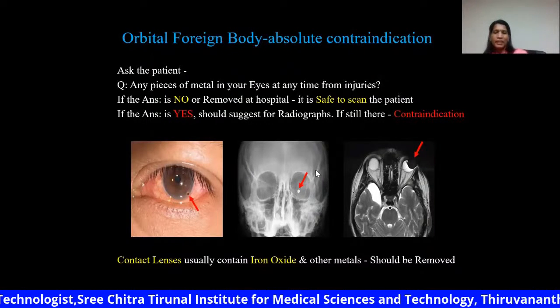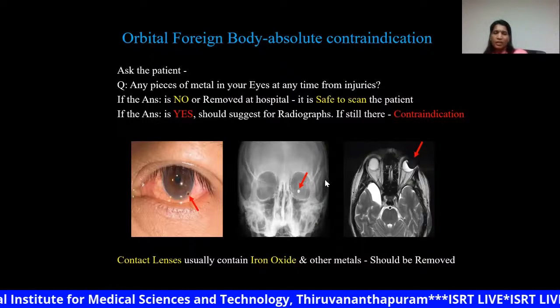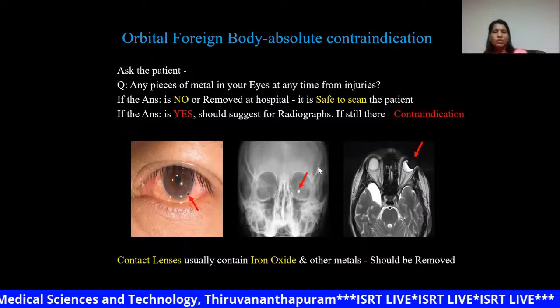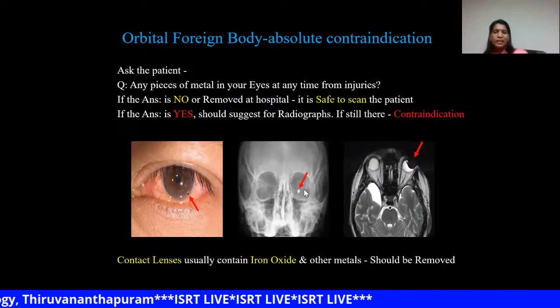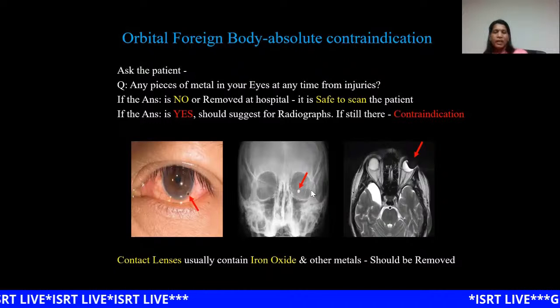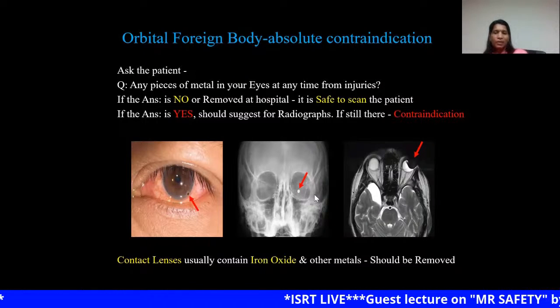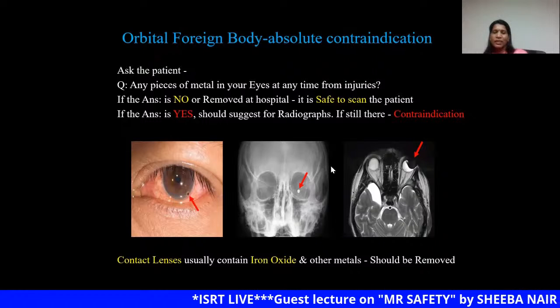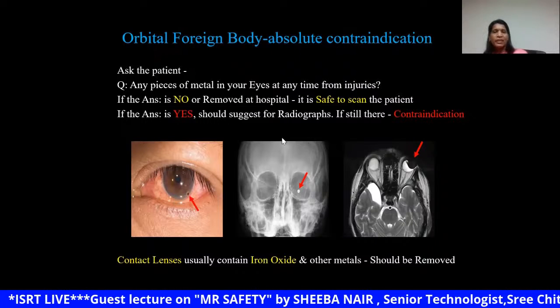The orbital foreign body is an absolute contraindication in an MR environment. Any individual with an orbital foreign body should not be taken for MRI without further documentation. We have to review the patient's radiograph, or if required take a CT to see how much susceptibility artifact there is.